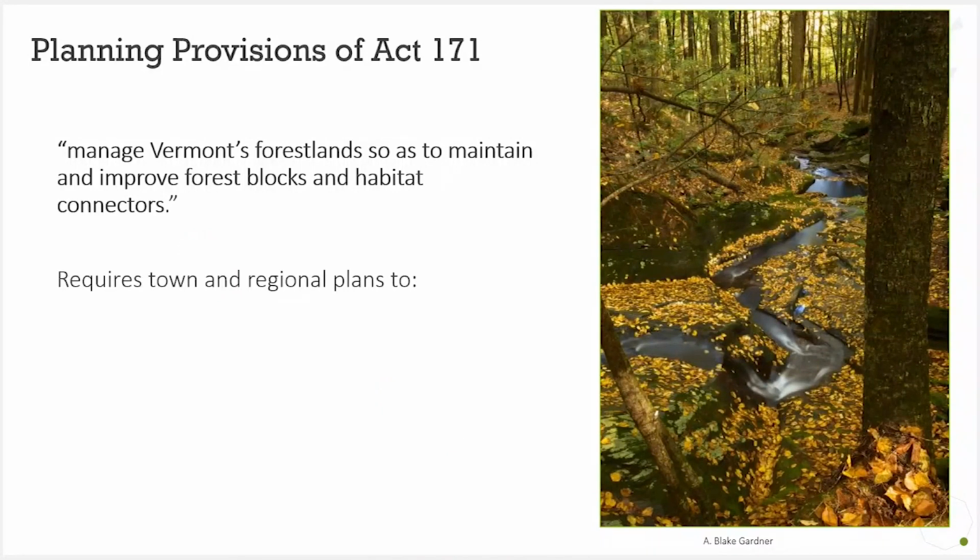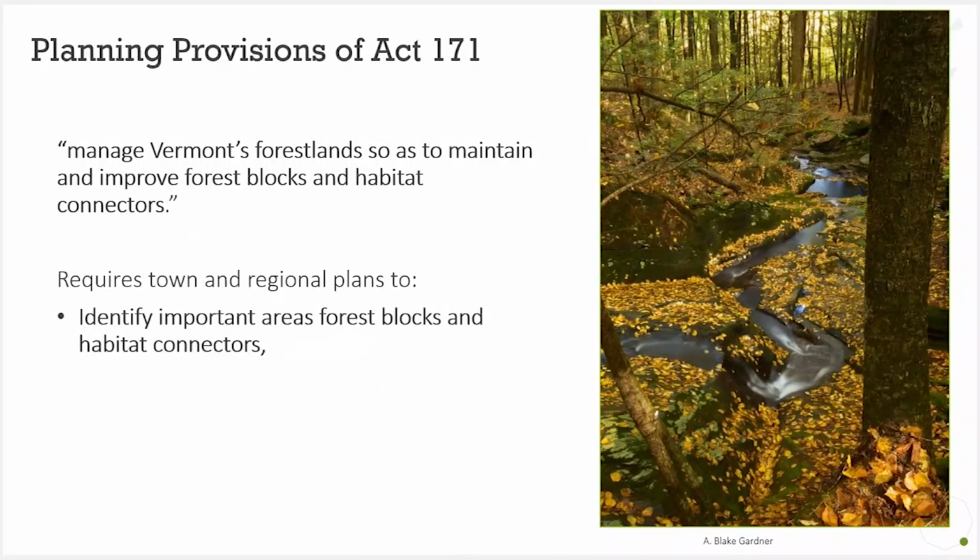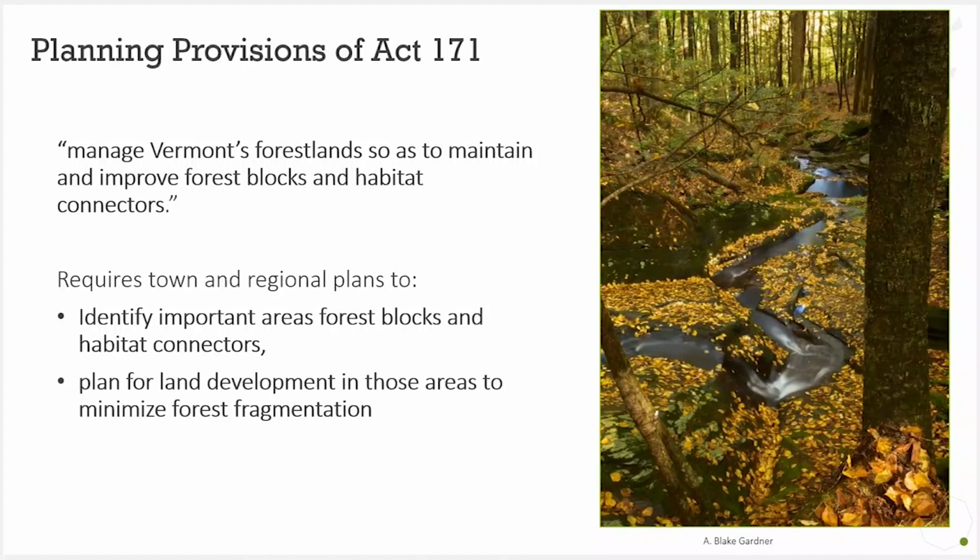It requires town and regional plans to identify important areas of forest blocks and habitat connectors and plan for development in those areas to minimize forest fragmentation. And this went into effect on January 1st of 2018. And because this is new language, at the state we're working to define and explain what exactly that means to towns and regional planning commissions.